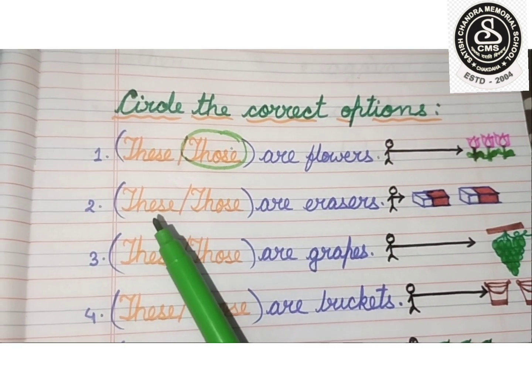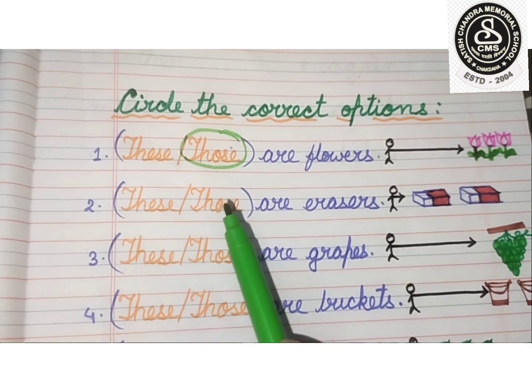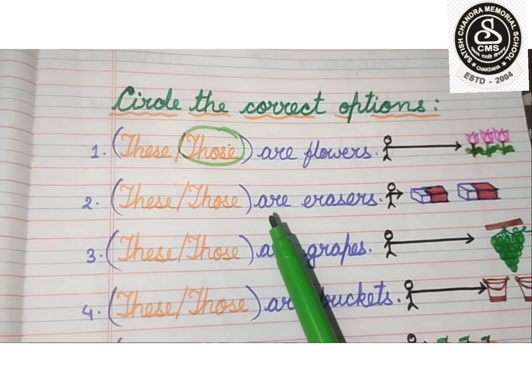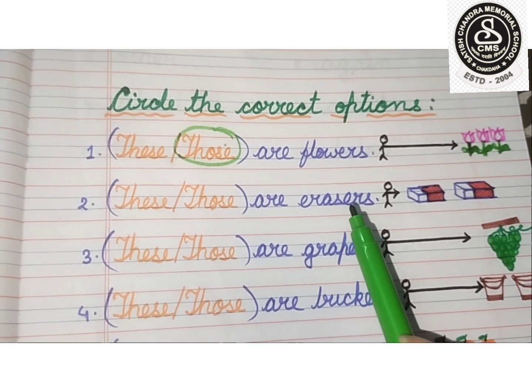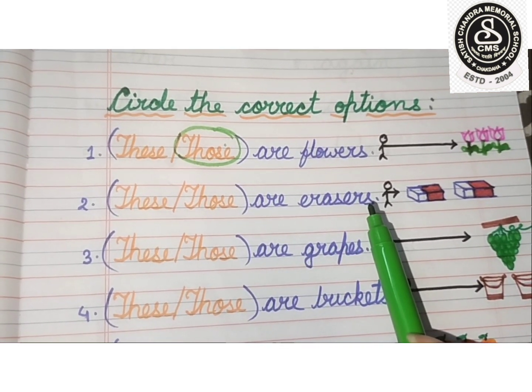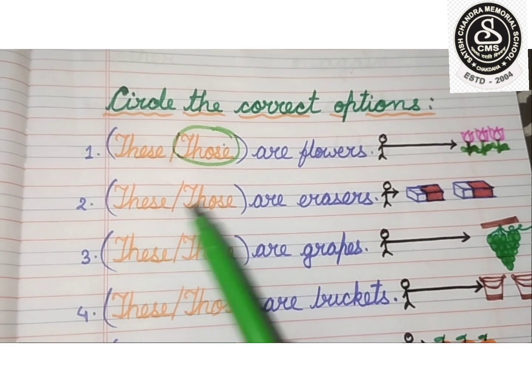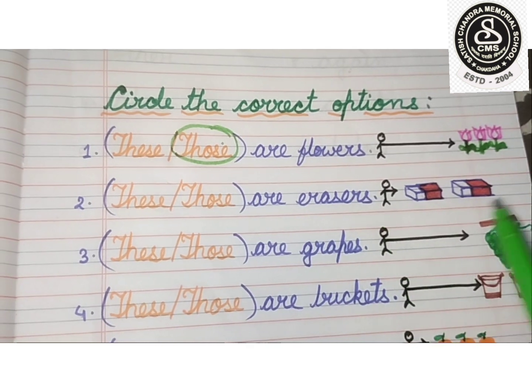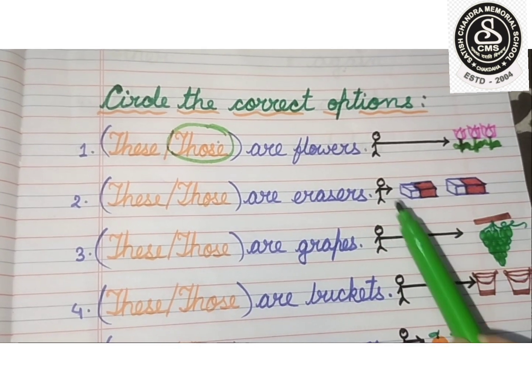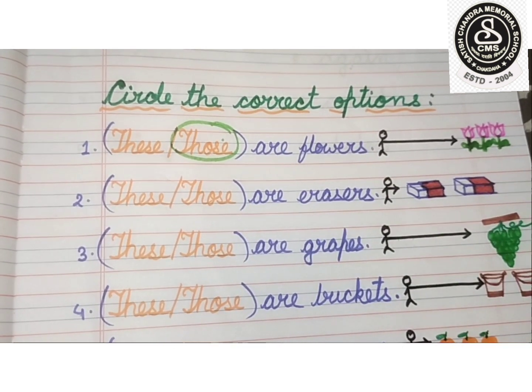Next, number 2. In the bracket, it's written these and those. So these are two options. ERASERS, erasers. These, those are erasers. Now look at the picture, children. Are these erasers near to the stickman or far from the stickman?